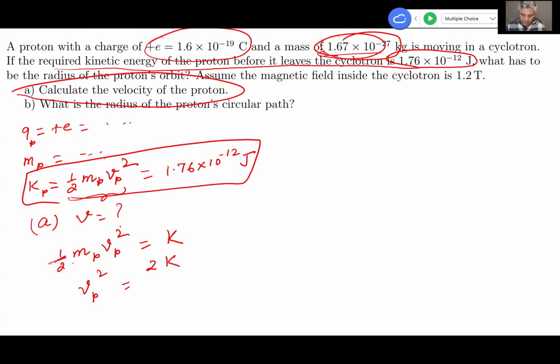The 2 is in the denominator, so it goes to the numerator, over the mass of the proton. So the velocity of the proton is the square root of 2K, where K is kinetic energy, over the mass of the proton.